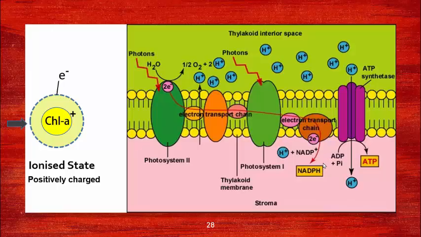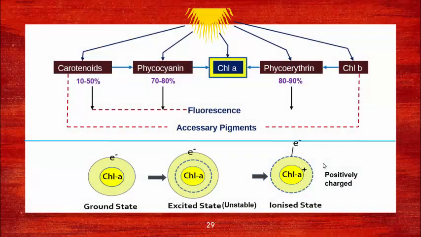The electrons with extra amount of energy are ejected only from specific chlorophyll A and not from any other pigment. Thus, only chlorophyll A molecules take part directly in photochemical reactions. All other pigments cannot take direct part in photochemical reactions.